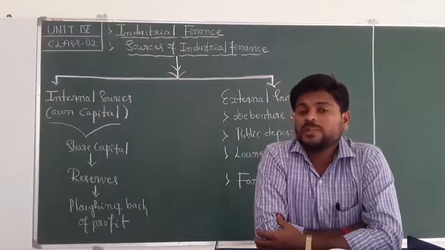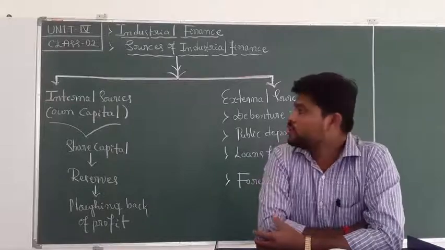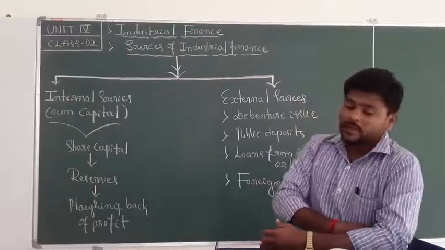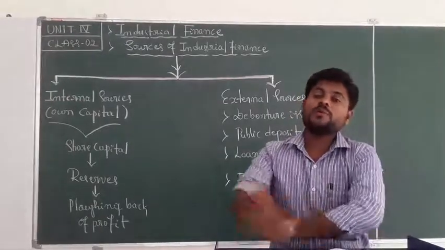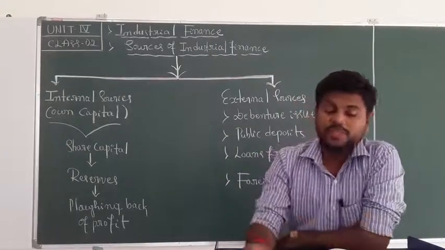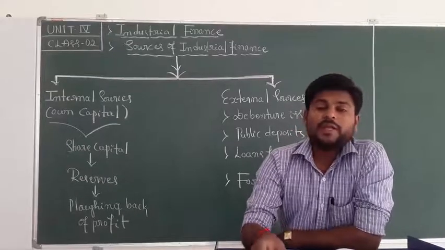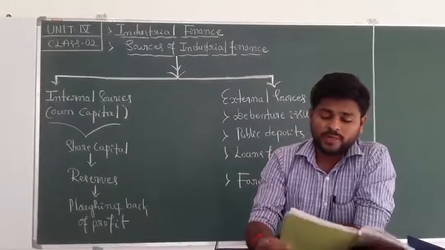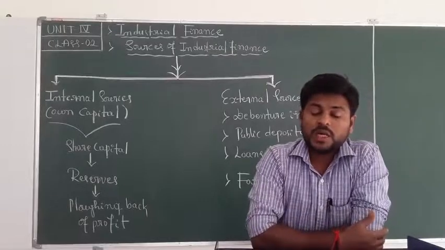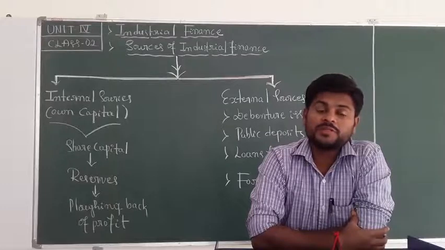See, within the company or within the industry we call internal sources, and outside the company or outside the industry or business units is called external sources. Internal sources of finance are those which exist within the industrial units.